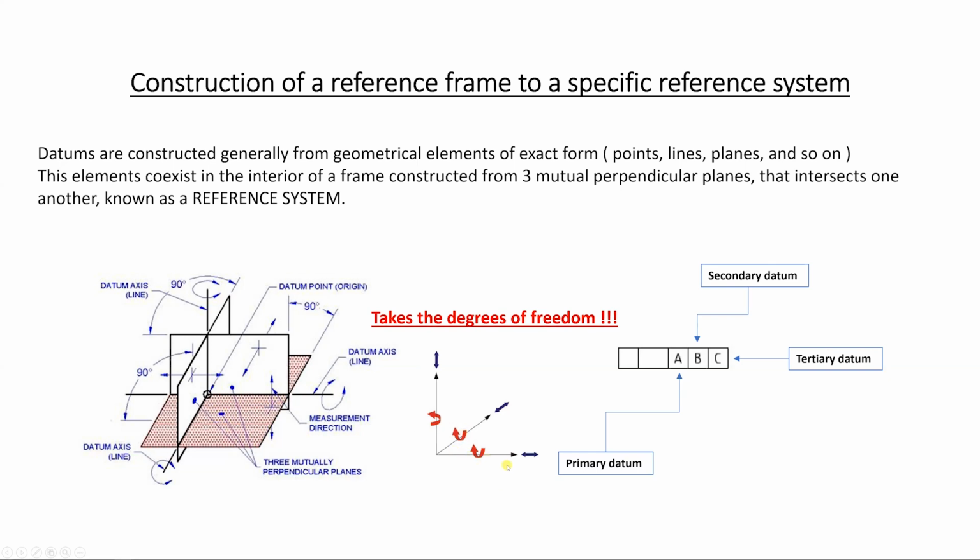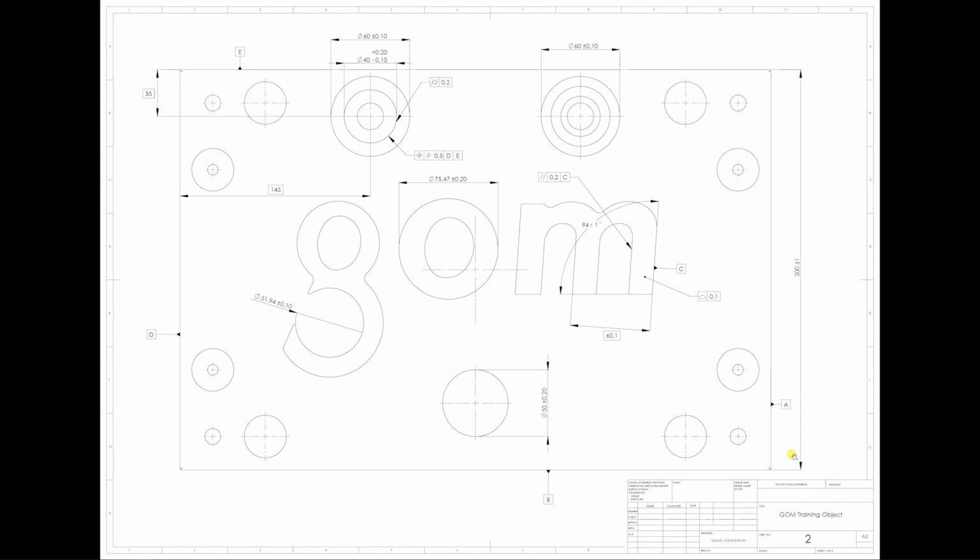That makes 6 degrees. Okay, so in order to construct a complete datum system, we will use datum A, we will use datum B, and instead of doing datum C as it specifies here, we will do datum C on the big plane from here. Actually, we will do datum A on the big plane, datum B here, and datum C here. I see datum A doing datum A here, taking a large surface and doing a more stable alignment.